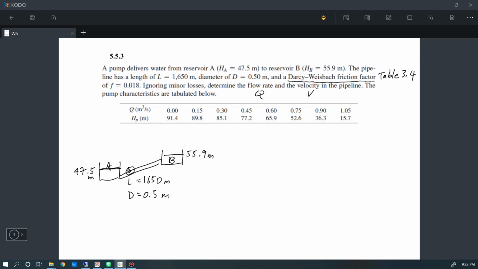But the relationship between the flow rate and the friction head loss is nonlinear. So we need to use a table to calculate it and try to find the intersection of the energy provided by the pump and the energy lost during this transportation in this pipeline. Okay, let's start to do that.